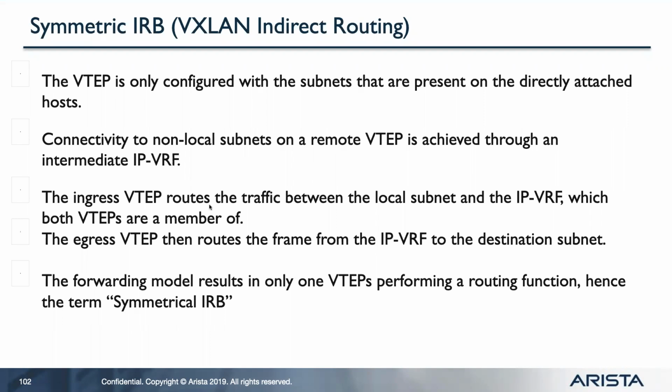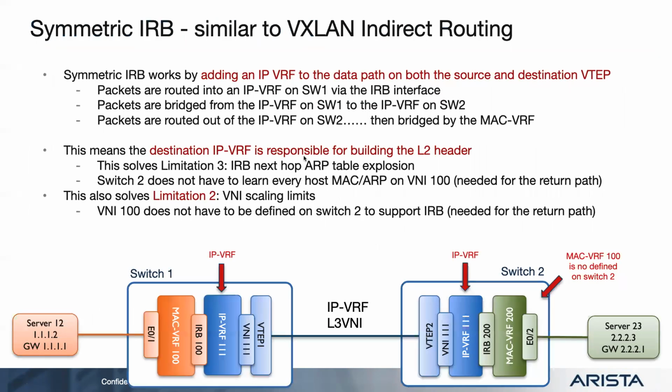So basically the ingress VTAP routes the traffic from the local subnet or local SVI to the IP VRF or dynamic VLAN. And then at the other end, from that dynamic VLAN to the destination subnet or destination VLAN, it will be routed. That's why this is called symmetric IRB, because your routing will remain on the same device for forward and reverse path.